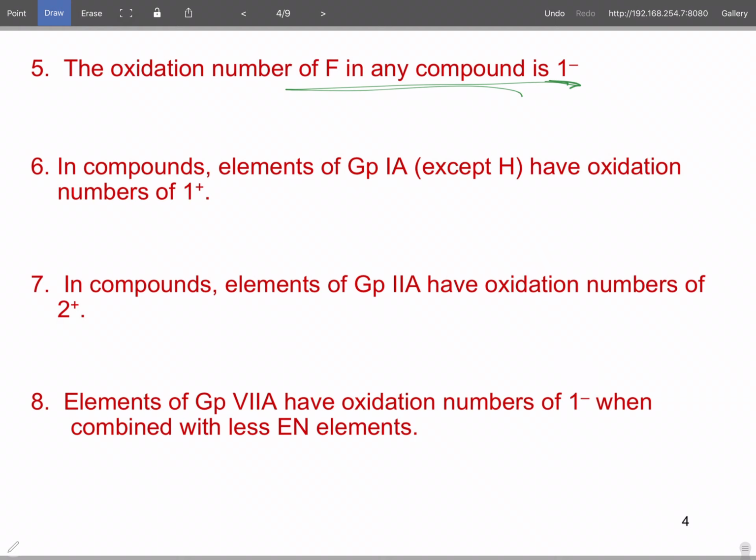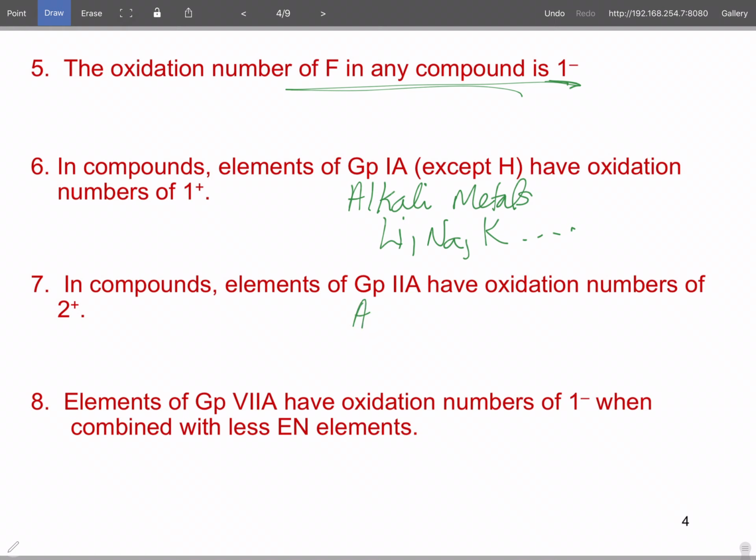In compounds, elements of group 1A have oxidation numbers. These are the alkali metals. This is the family that starts with lithium, then sodium, potassium, etc. on down. That's group 1. So they will always be 1 plus. They can't be anything else.